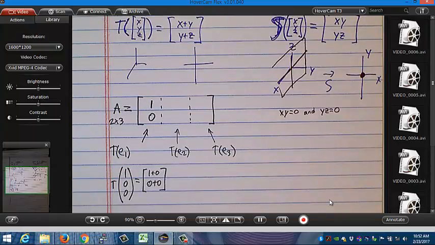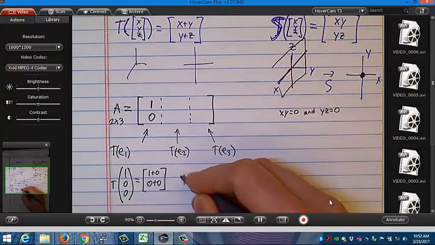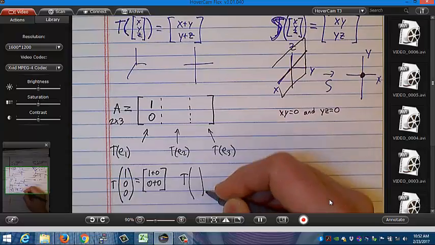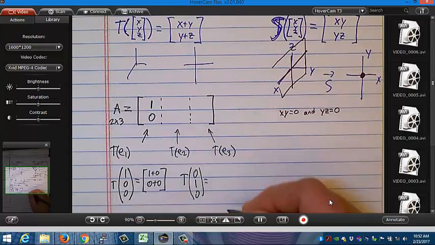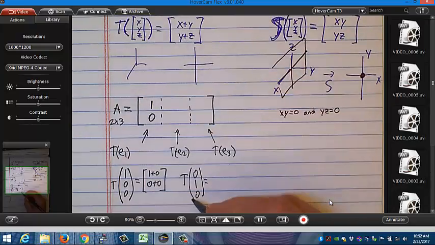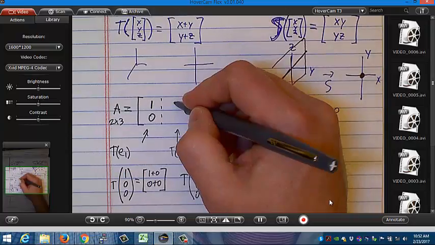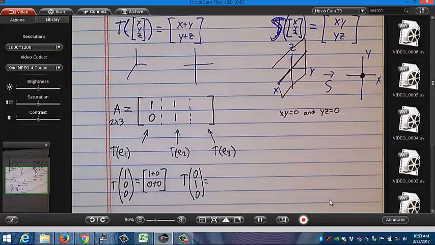Let's see if you can figure out the other parts. T of E2, we're going to do T of what? 0, 1, 0. And again, if you follow the rule, x plus y and y plus z, it's not hard to see that this is going to be 1, 1. Does that make sense to you guys? 0 plus 1 and 1 plus 0.